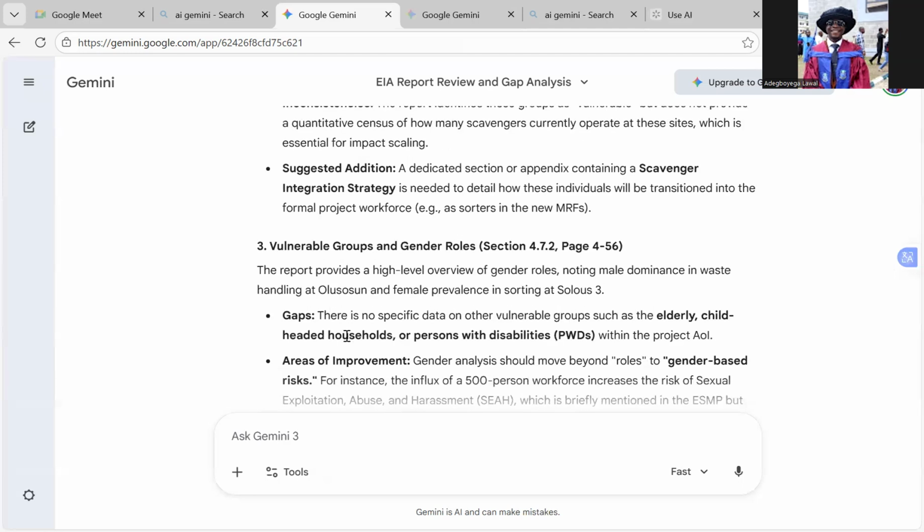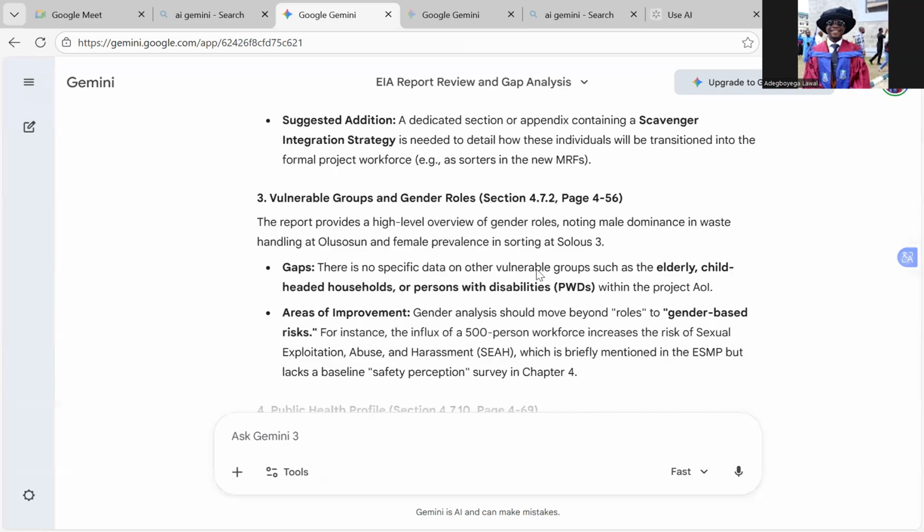Vulnerable groups: there are no specific data on vulnerable groups, such as elderly, child-headed households, or persons with disabilities. So it is very, very important for you to add vulnerable groups. These are areas that our report has been recommended for improvement.